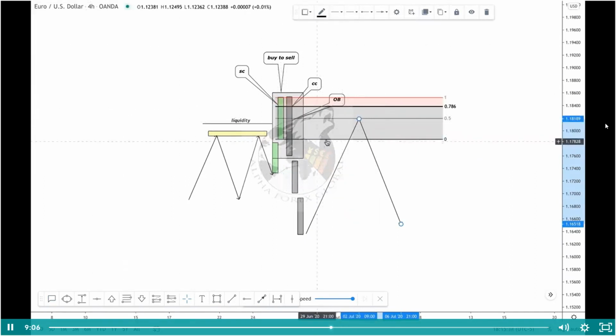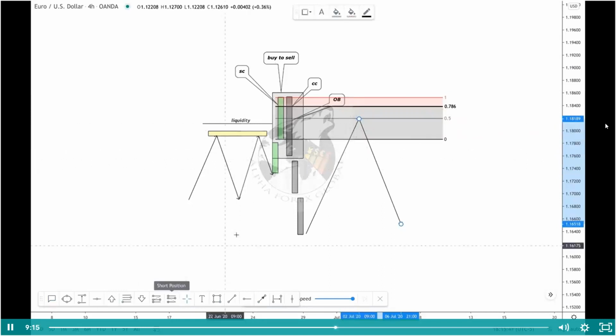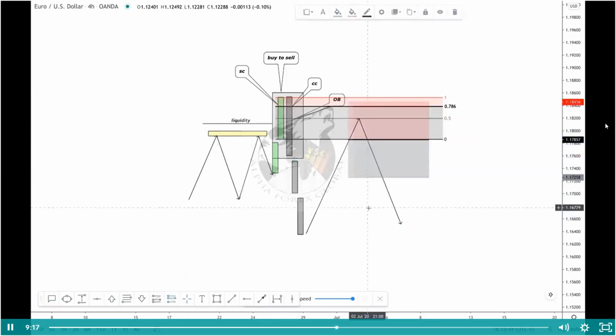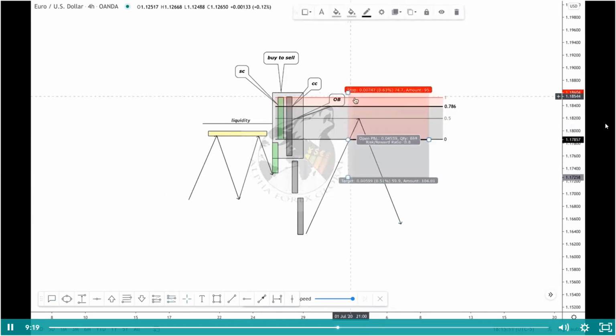So if we get a point of interest, say on the 4 hour time frame, we don't just take our entries when the market comes back, because what if you took your entry here? Look at this stop loss. This stop loss would be 74 pips, and we can't have that.